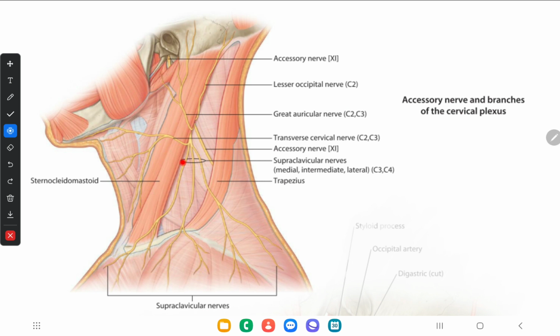So there are the great auricular nerve, the lesser occipital nerve, the transverse cervical nerve, then the supraclavicular nerves. Those are the superficial contents of the posterior triangle, that means the branches of the cervical plexus.